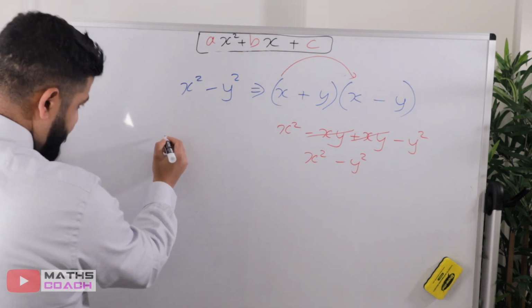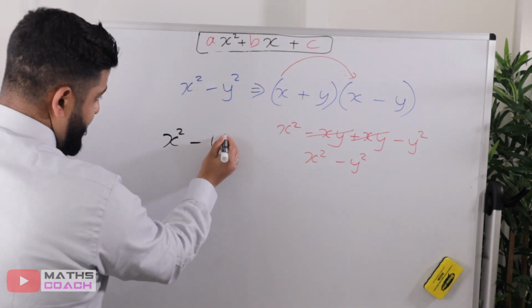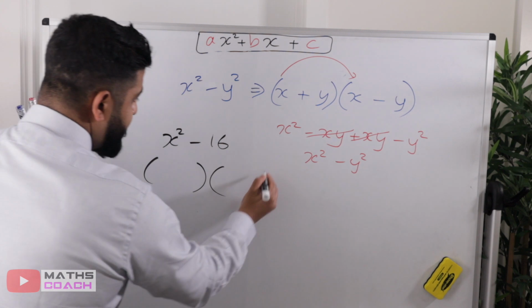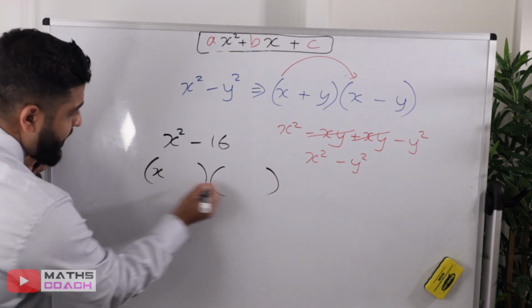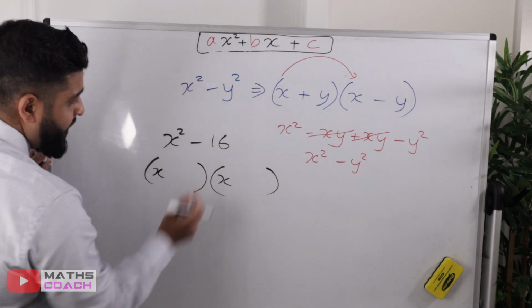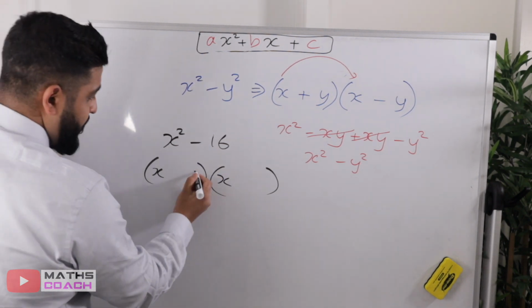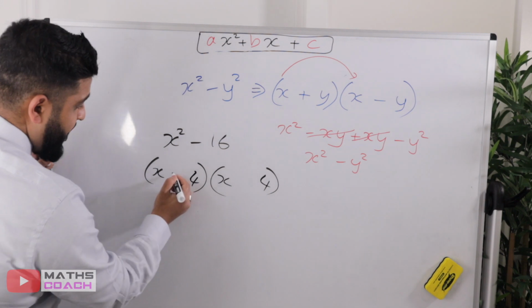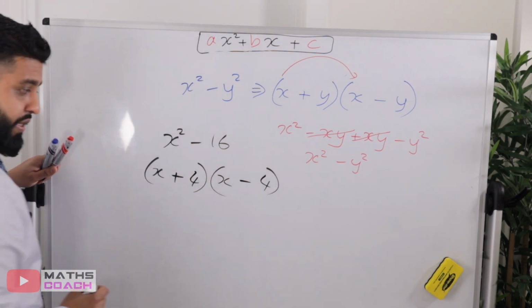Now I'm going to show you this with an actual example. If you have, let's say, x squared minus 16, we start off with our two empty brackets. We write an x here, we write an x here, which is the square root of that. Now 16 is obtained by doing 4 times 4. So we'll do 4 there and a 4 there. And we'll put a plus in here and a minus in here.